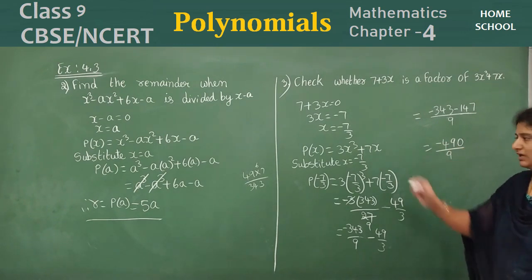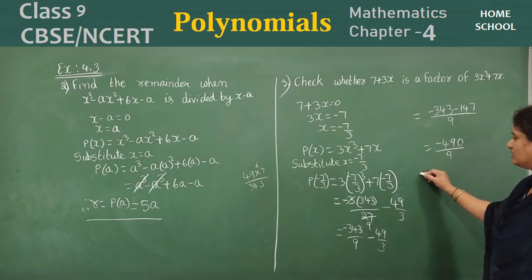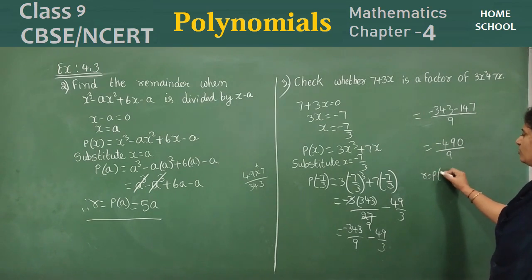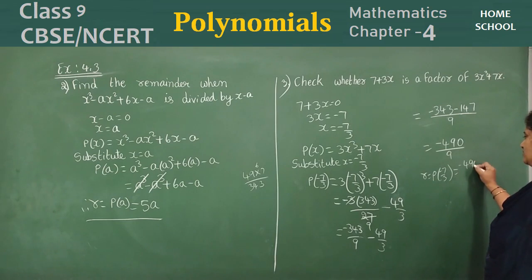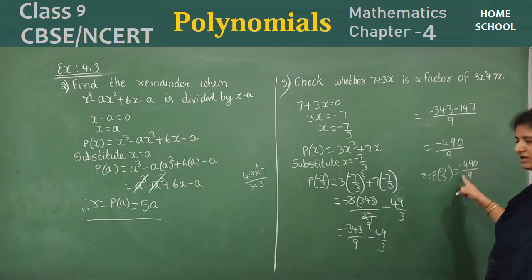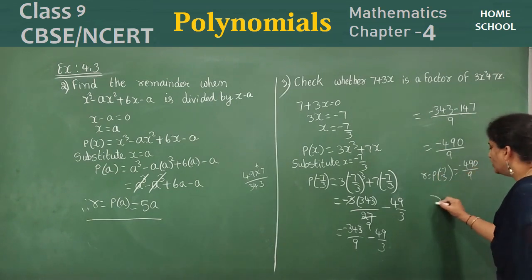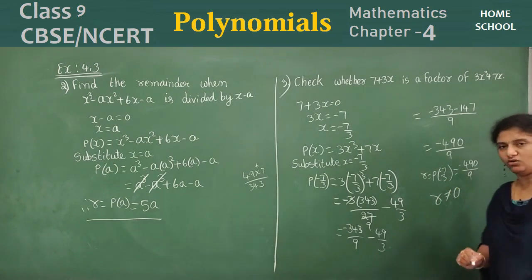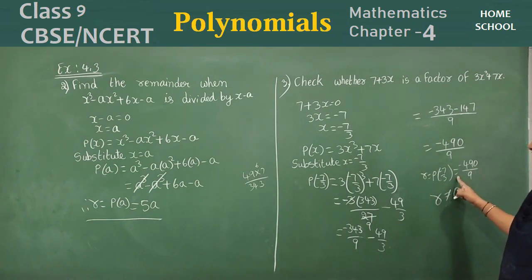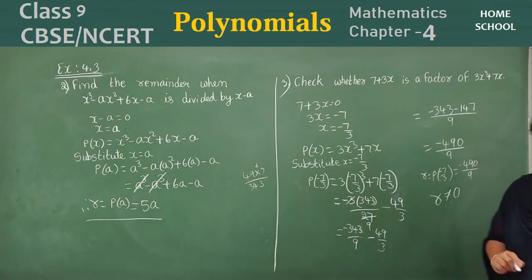So finally, what you can say here, children? R is equal to p of minus 7 by 3. Is this equal to 0, children? No, the remainder is not equal to 0. What is the remainder I got here? Minus 490 by 3.